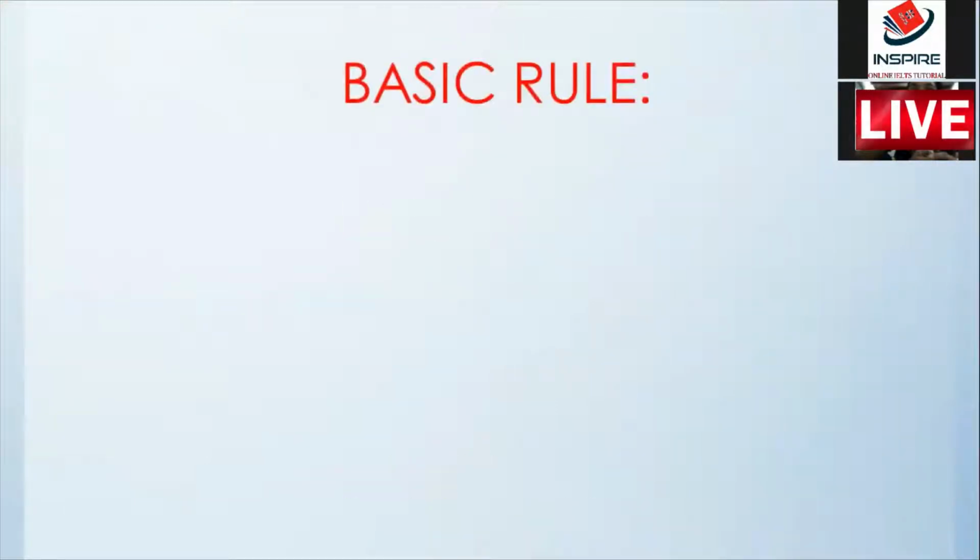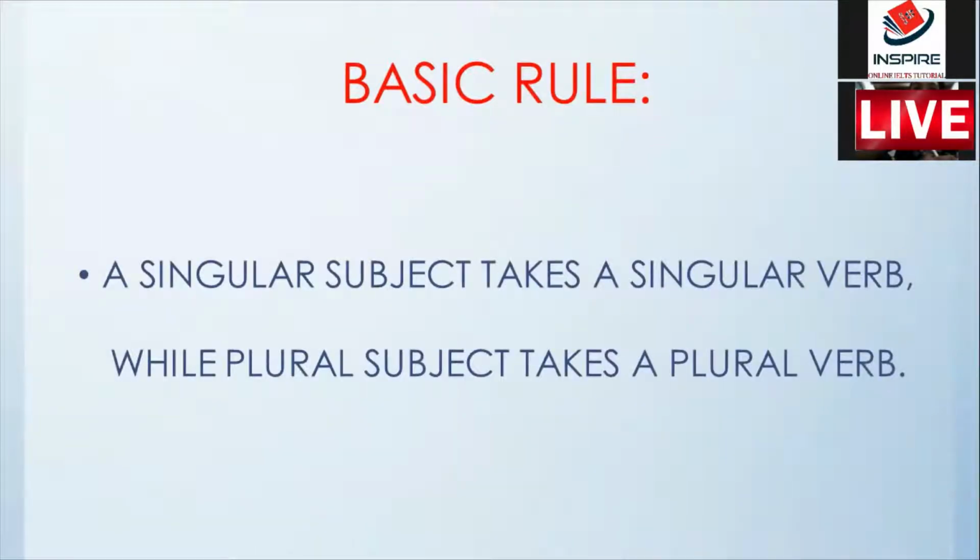The first, or the basic rule, which applies to all kinds of writing as well as speaking, is that a singular subject takes a singular verb while a plural subject takes a plural verb. You need to keep this in mind whenever you write as well as whenever you speak. A singular subject, a car, will take only a singular verb.